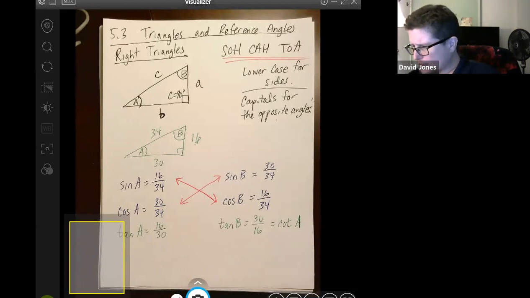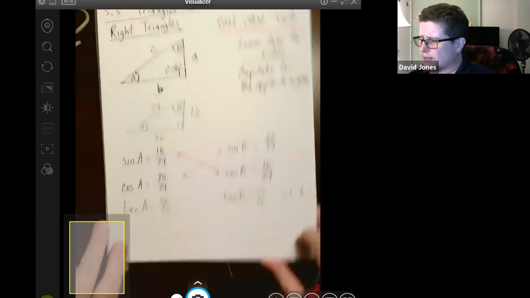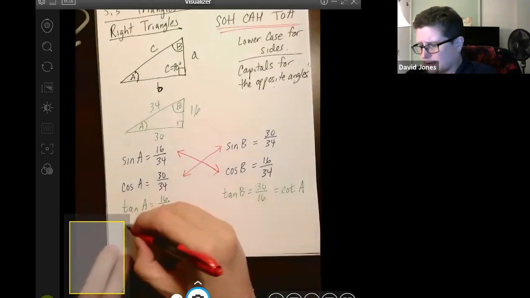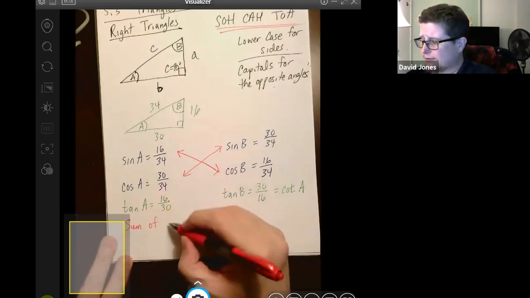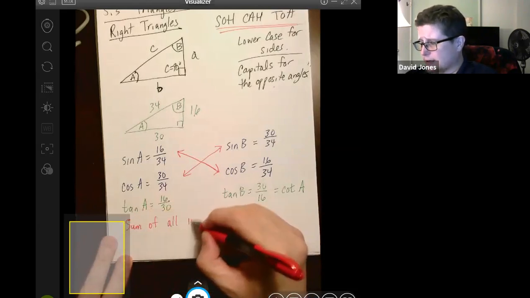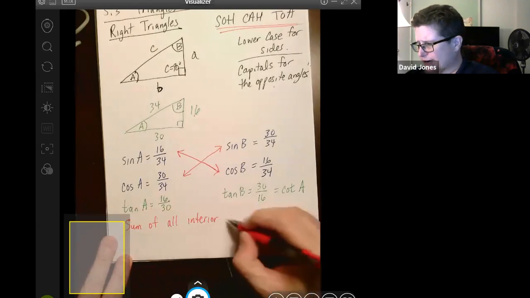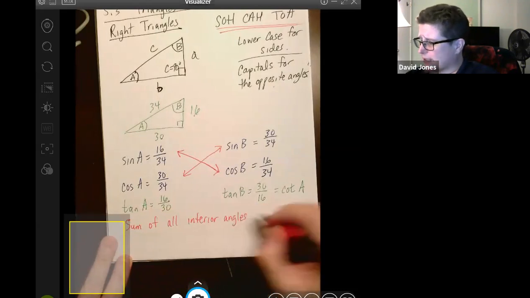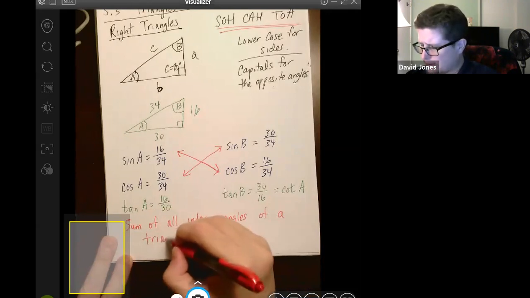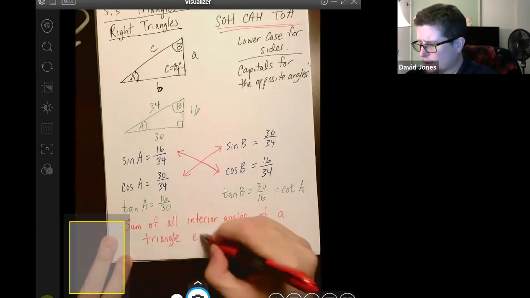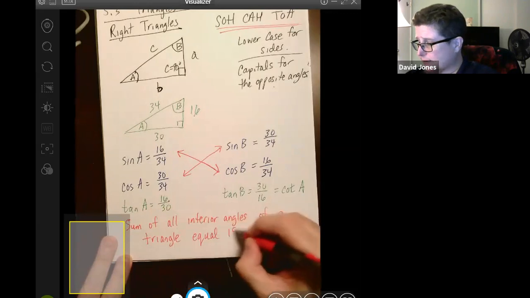Well, why is this working the way it does? Something you need to know: the sum of the interior angles in a triangle, the ones inside of a triangle, equals 180 degrees.